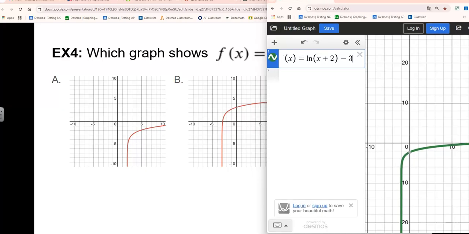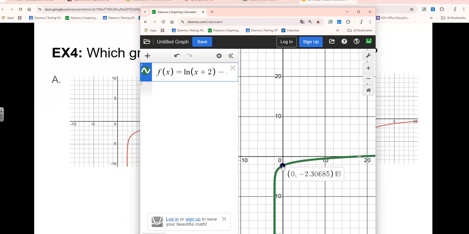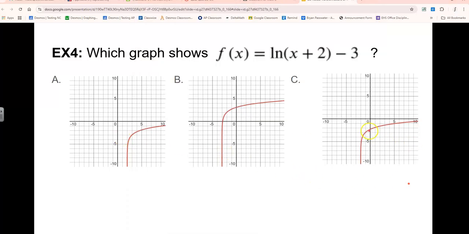Can't really see both at the same time. Which one did you get? C. Because you can see that I definitely crossed the x-axis. You could match up exact points, like that y-intercept is -2.3. The only one where that seems to be is on C right there. So that is our answer.